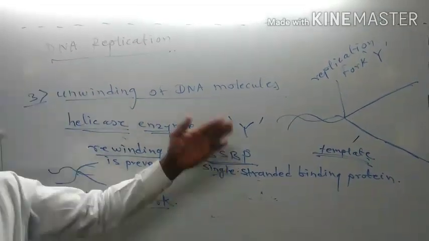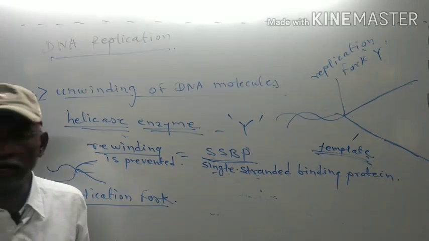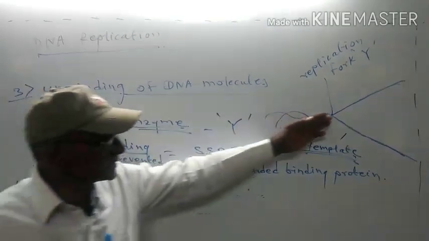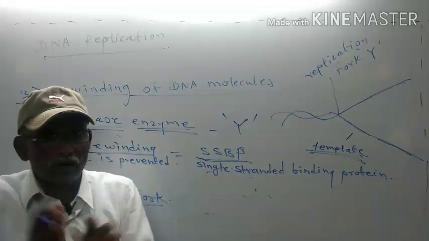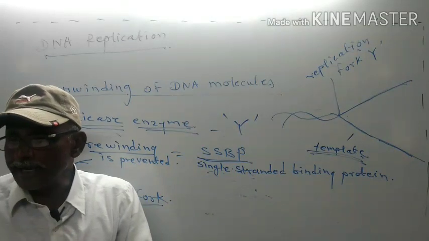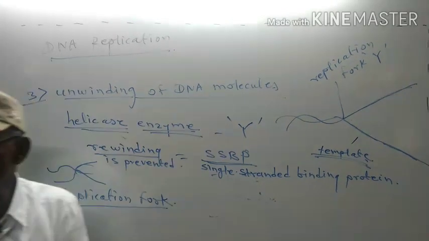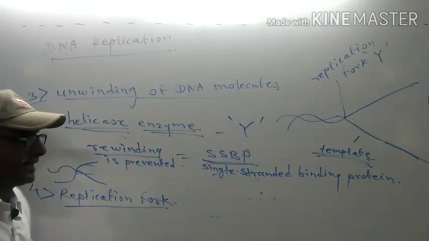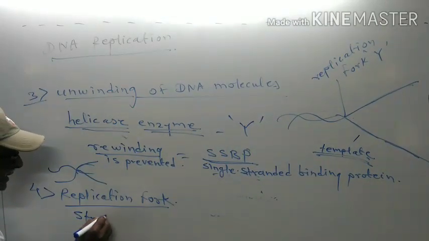So this is the fourth step in which a replication fork is formed, and in this state, the unwinding and the replication fork cause a little strain, and this strain is relieved by superhelix relaxing enzyme.